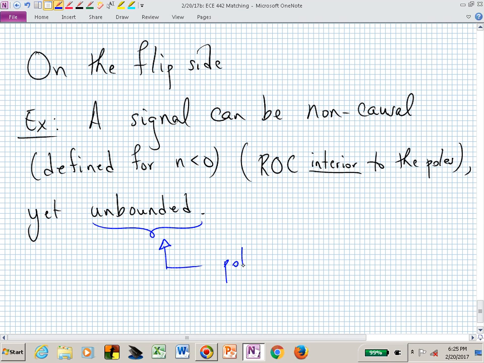And again, it only takes one pole. Now we need one of those poles to be inside the unit circle to give rise to an unbounded behavior.